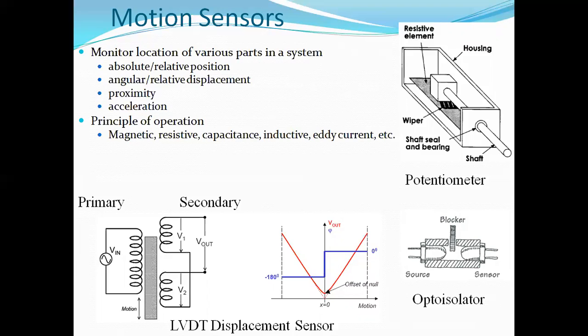Acceleration is nothing but measuring the speed or RPM of a particular automobile. And beyond all this, the basic principles of operation are magnetic, resistive, capacitive, inductive, electrical current, etc.